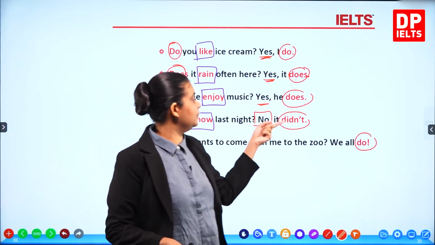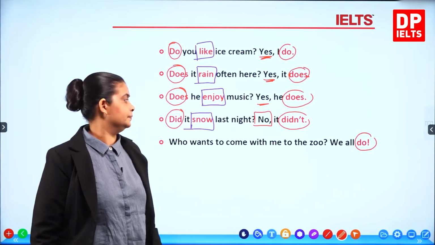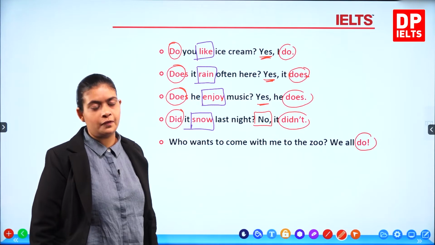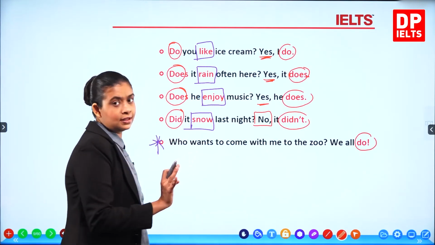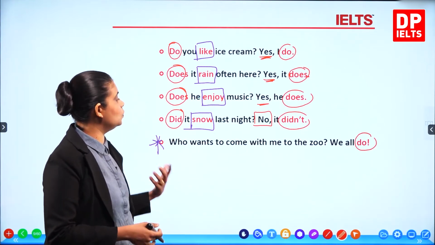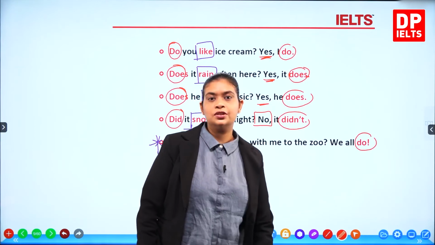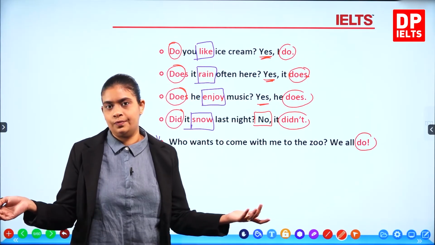Now here it became didn't because it's a negative form. If not, it is the same. Here snow is also in the base form of the verb. The last sentence here is a bit different. It doesn't have do or does in the question tag, but you can use it to answer. We all do. Or you can say, we all want to go.